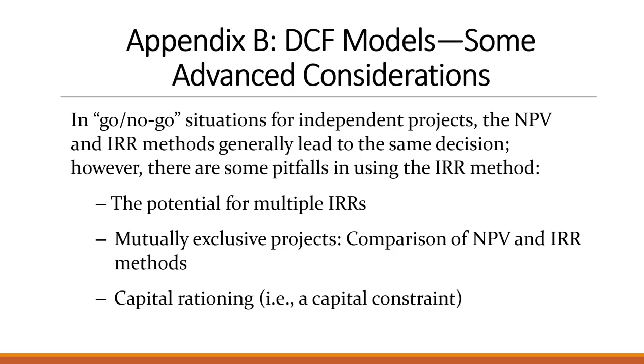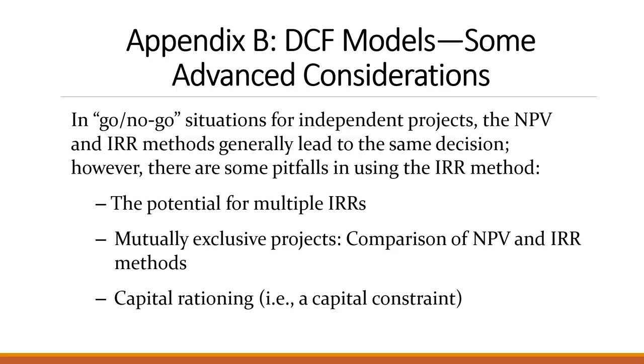There are possibilities for us to have multiple internal rates of return. If at any time during the years of a project we have a negative outflow in the middle of a project, that can mess up the internal rate of return calculations and return multiple internal rates of return.